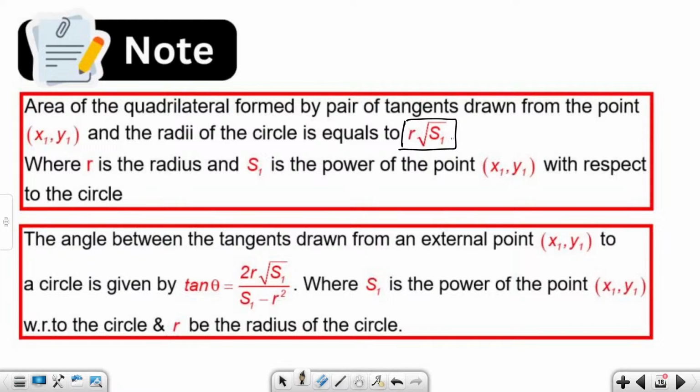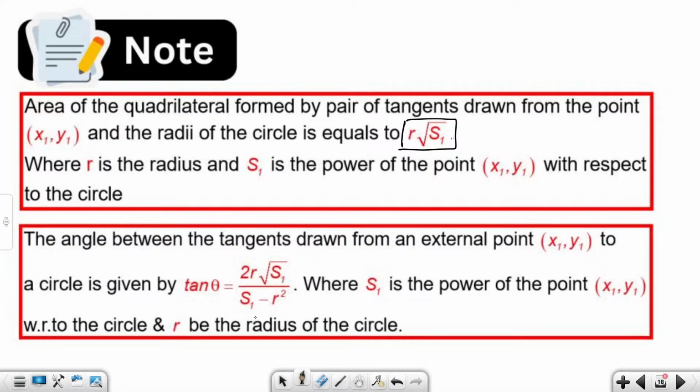So it's better to remember this particular result as a formula. It's R root over S1. What is R? The radius of the given circle. What is S1? This is the power of the point x1, y1, a point which is outside the circle, with respect to the given circle. So the area of the quadrilateral is R root over S1.